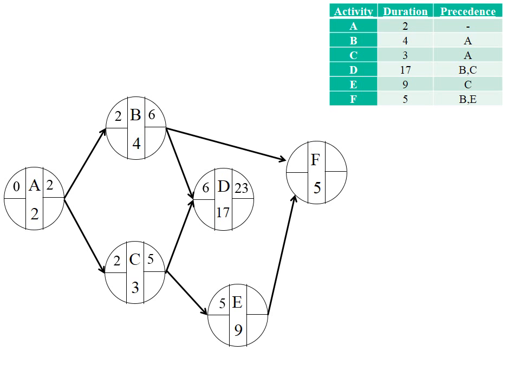E can begin at 5, complete at 14. For F, you have a choice between 6 and 14. B ends at 6 and E ends at 14, so you take the bigger number, and that is 14. 14 will go here. Okay, and you will complete this by 19.